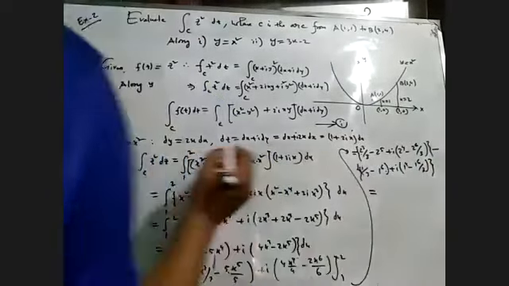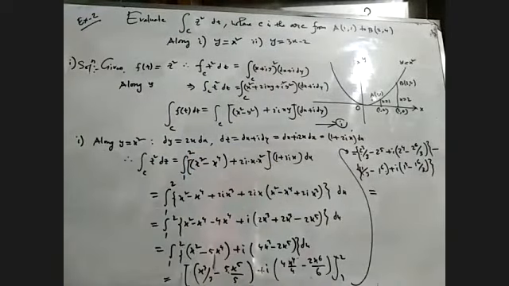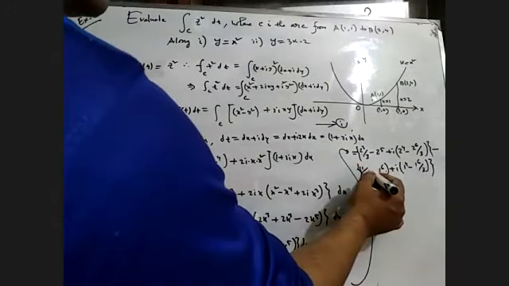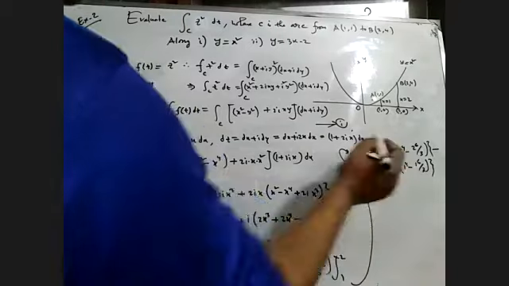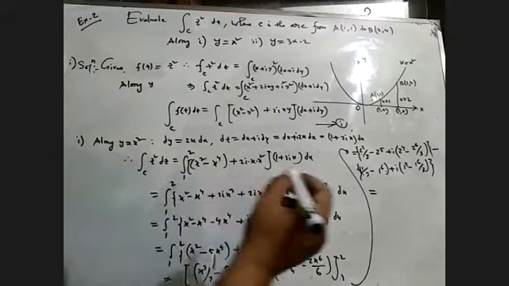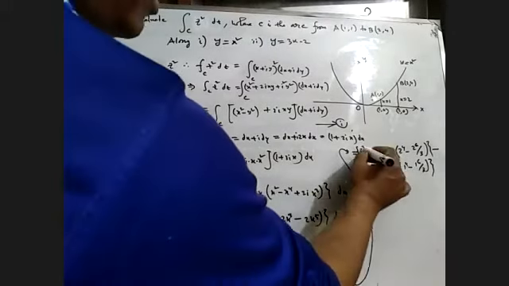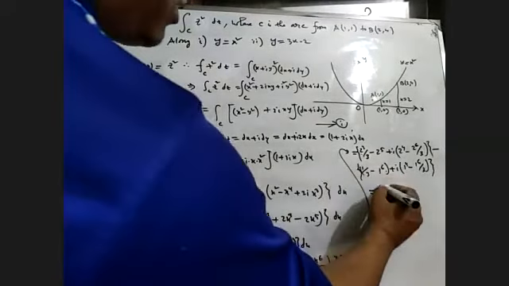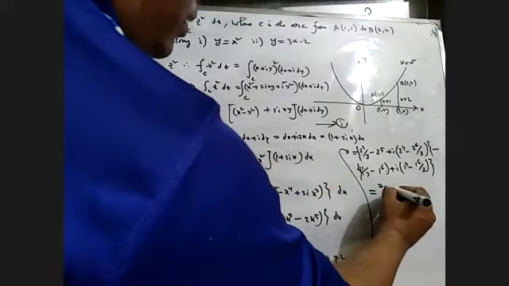So after calculation we get this: 1 by 3 minus 1. Okay, and 2 to the power 5 means 32. This is 8 by 3. 8 by 3 minus 1 by 3 is 7 by 3.